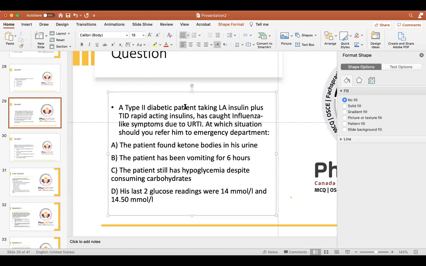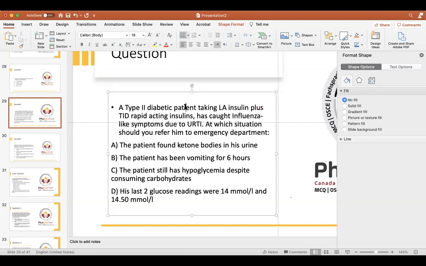Okay, so he has to call the doctor to adjust the insulin dose for these situations. And for the vomiting, he has to advise the doctor to prescribe him any medications, or even the doctor can refer him to emergency if needed. Okay, but for the insulin, for the high glucose reading, and for the ketone bodies, he has to call the doctor, okay, to give him insulin, a higher dose of insulin, or any other thing.